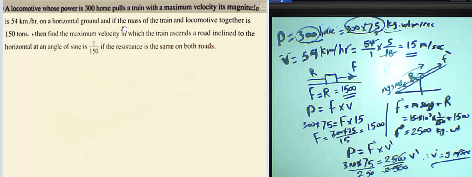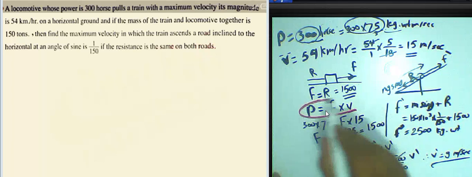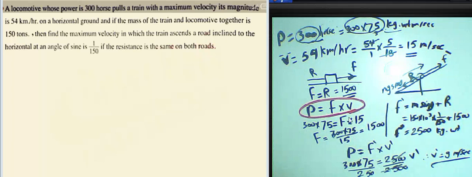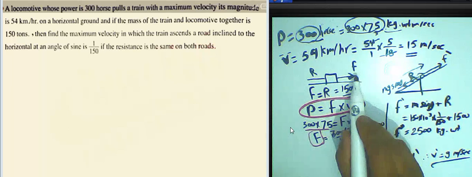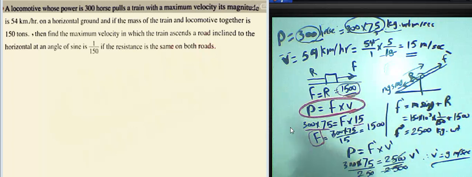Then he gives us this information in horizontal, meaning F equals R. Then we can write the rule for power: power equals F multiplied by V. The power 300 times 75 equals F multiplied by 15. Then the force in the horizontal equals R. Then R will be 1500, the force.